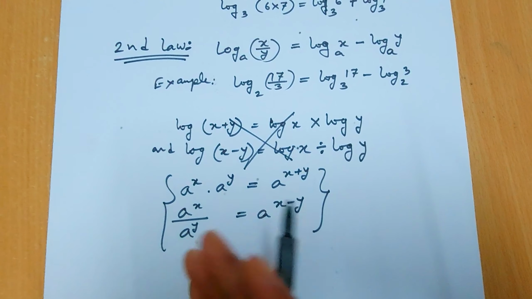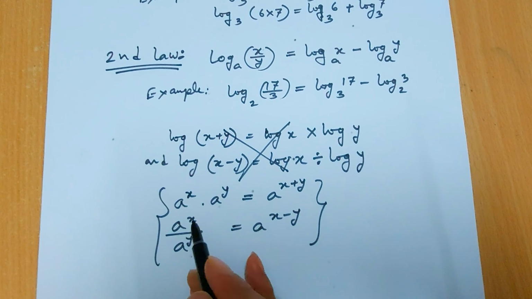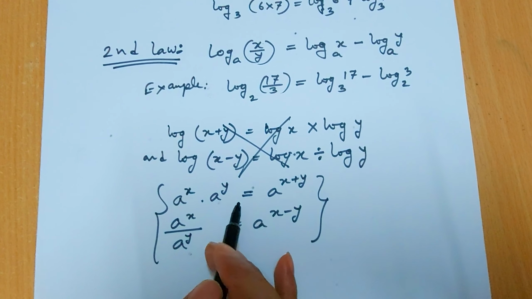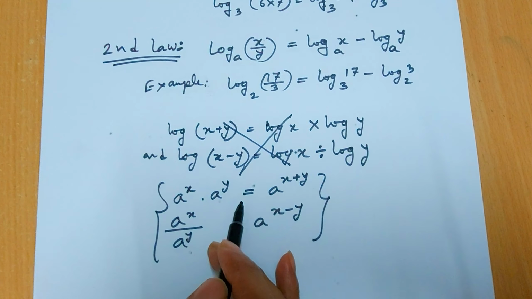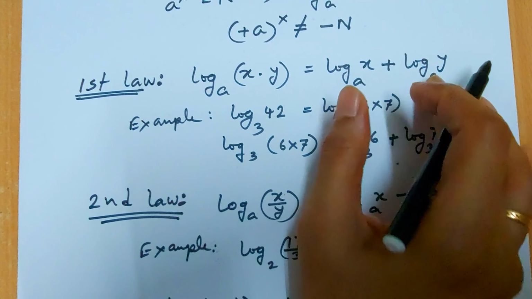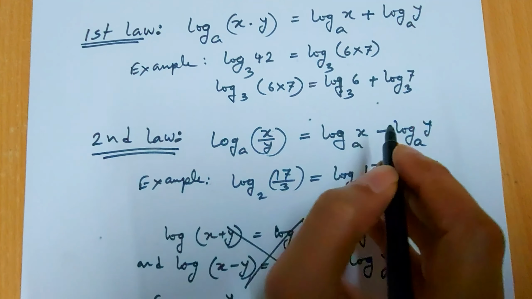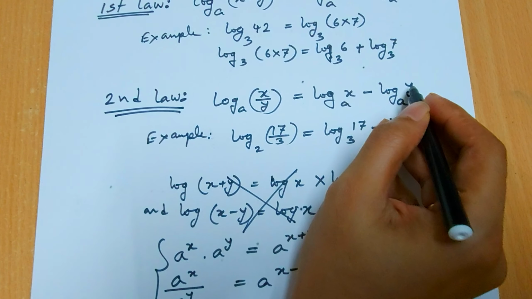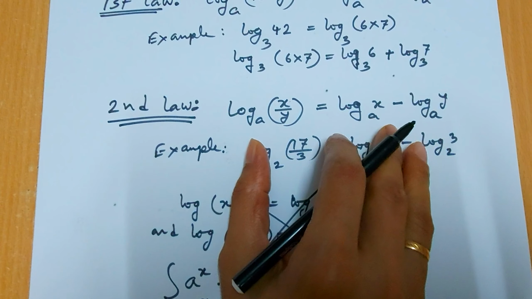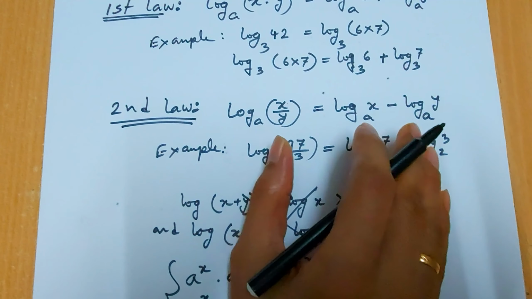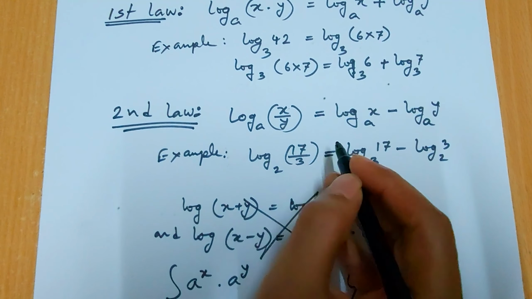And log also follows the same. That means only while multiplying log of two numbers with any base, the numbers will be added separately with the same base of log, and while dividing, the numbers will be subtracted with the same base of log. So if you memorize the exponential rules, you will not make the mistake.